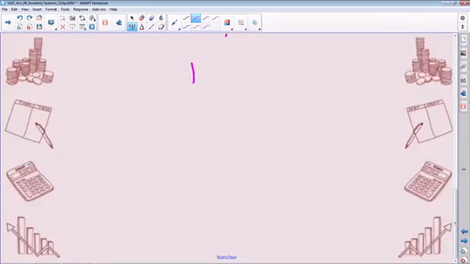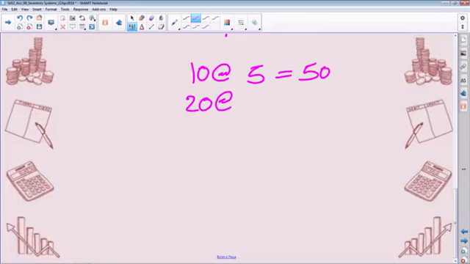So, if we want to take that and illustrate by means of a simple example, right? If you bought 10 items at 5 Rand, it will give you a value of 50 Rand, clear? Then you bought 20 items at 7 Rand, that will give you a value of 140 Rand, okay?